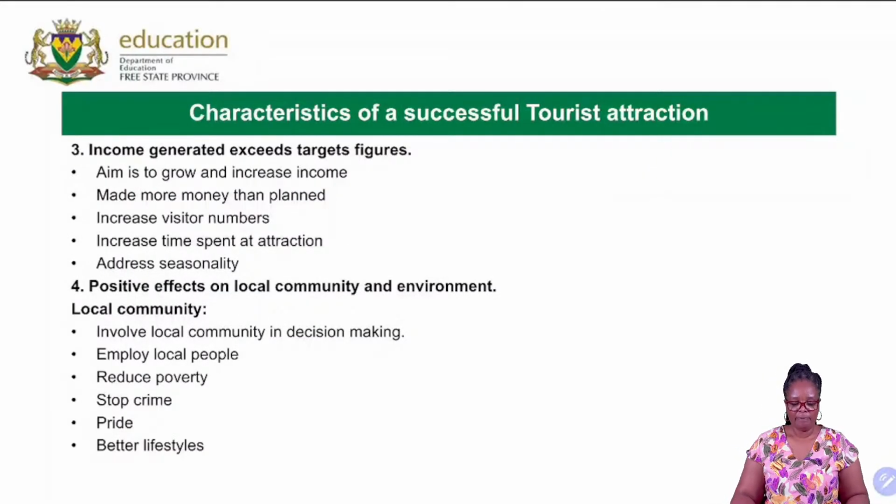Let's look at the third one. This is income generated. It has to exceed target figures.